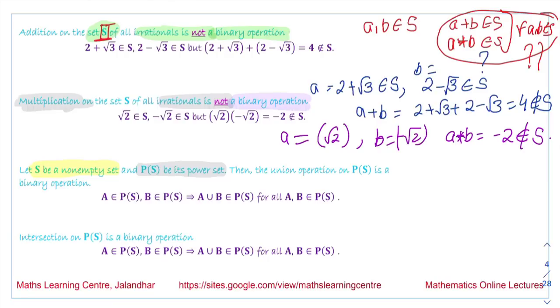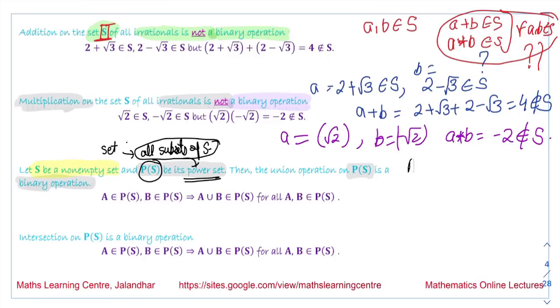Then the union operation on power set of S, we are saying it is a binary operation. We have to prove this. So we are considering two elements from power set of S. Power set means it is the collection of all subsets of S. It means the elements of this power set are in the form of sets.